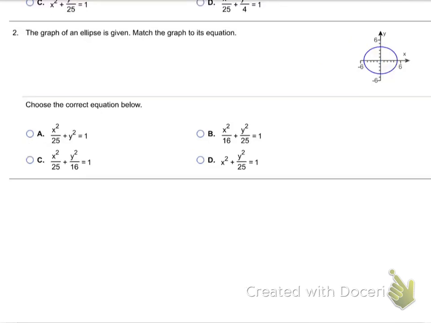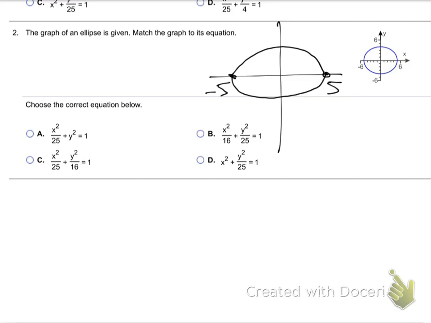So number 2, I can draw it a little bigger. Looks like it goes right and left 5. Up and down, what's that, 4? Okay, can you write that equation? It's going to be x squared over something, y squared over something.